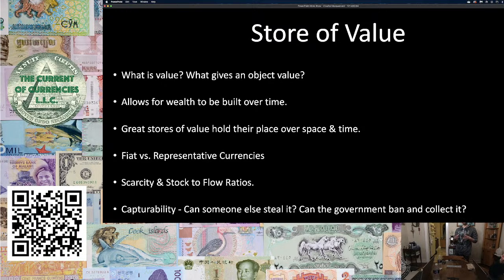Store of value also is largely based around scarcity and something called a stock to flow ratio. So stock to flow, to put simply, is how much of the currency is getting interjected into the monetary system, how fast.